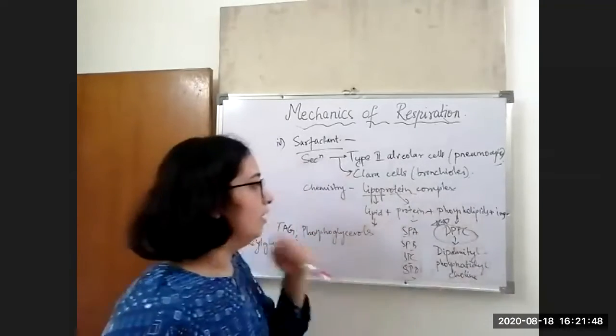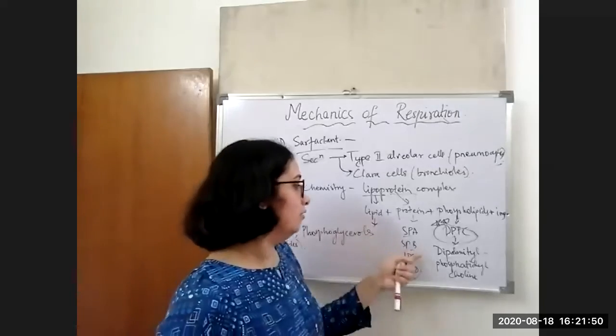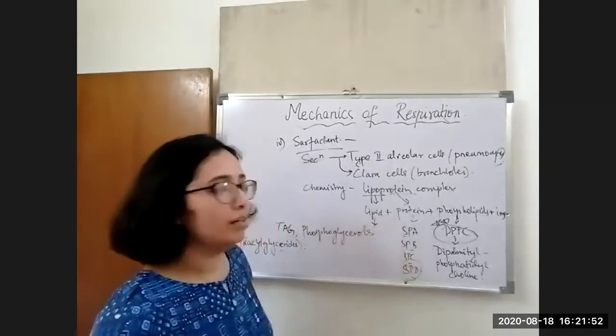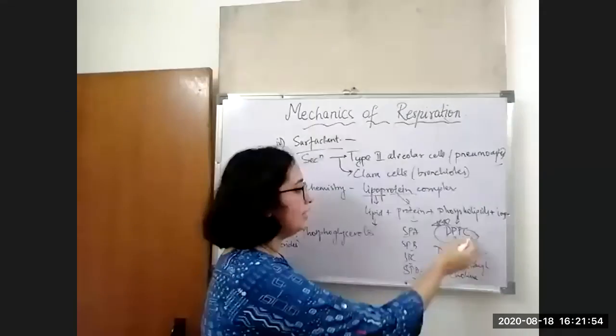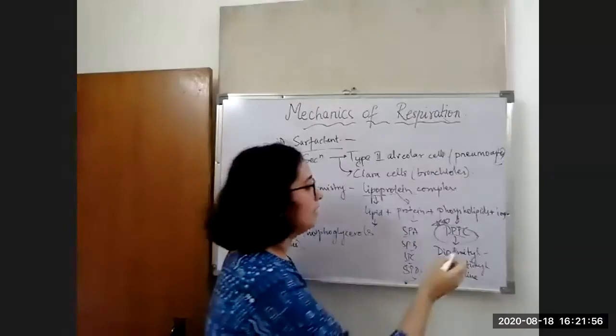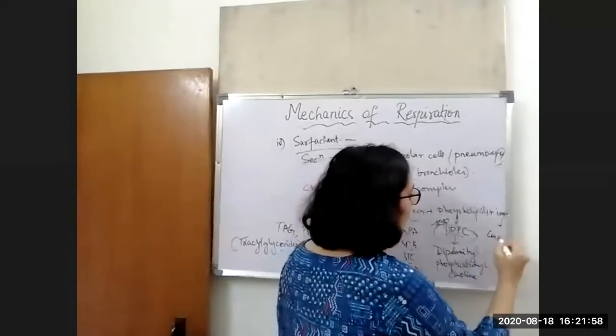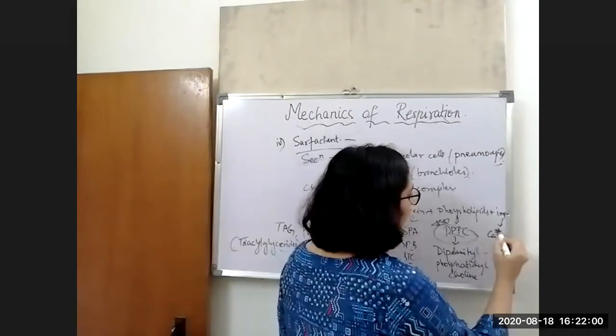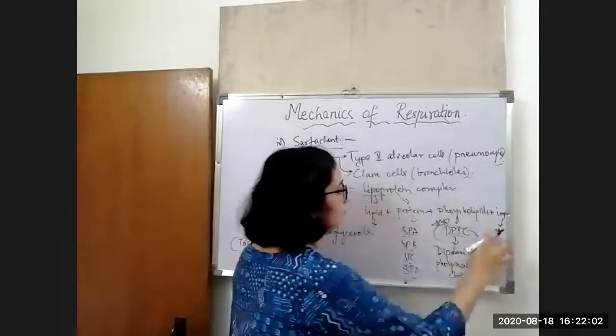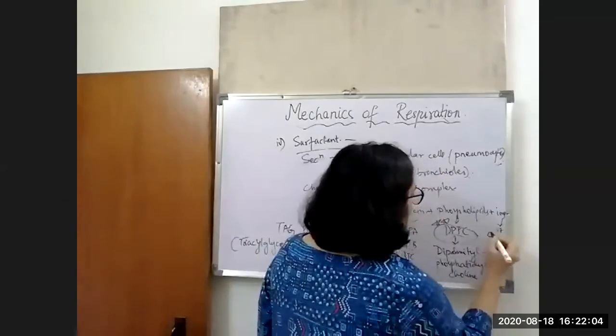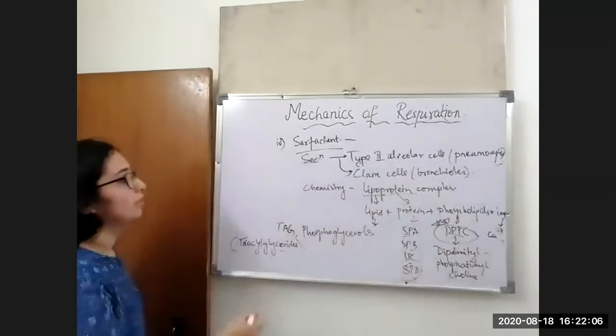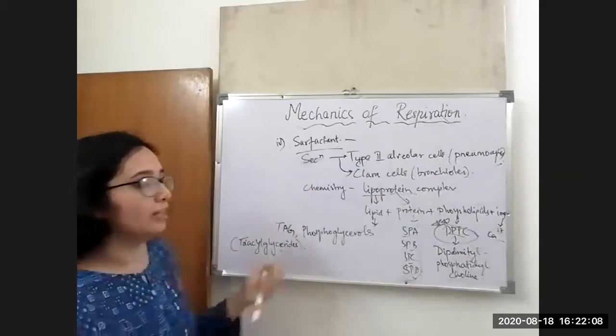Okay. DPPC is your dipalmityl phosphatidyl choline. It is a phospholipid, and it is present in your surfactant. And lastly, the ions are your calcium ions. Okay. Calcium ions.